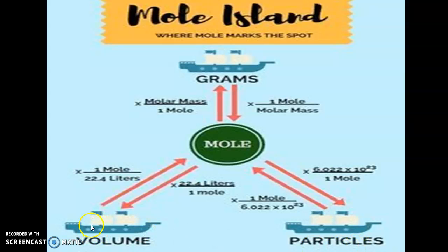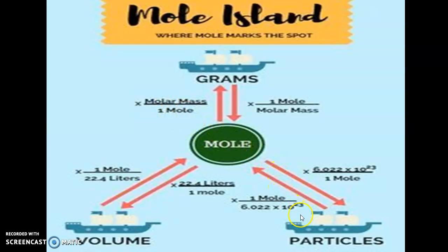If you want to go from volume to mole, you have to divide by 22.4 liters, and from mole to volume, you multiply by 22.4 liters. Similarly, from grams to mole, you divide by the molar mass, and from mole to grams, you multiply by the molar mass.